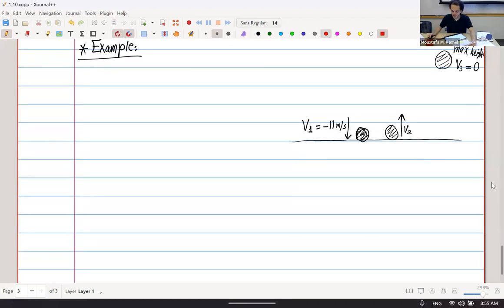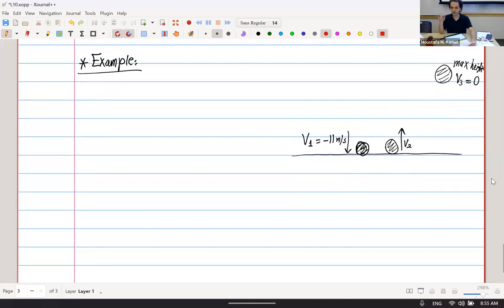So the point I want to make is that this problem must be solved in 2 parts. You cannot solve it all at one time. You must realize that when you use the impulse momentum theorem, it's right before and right after the collision, because during that time we're ignoring the effect of gravity.